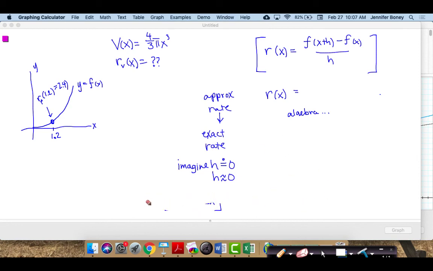Getting rid of the old numbers and keeping the new ones. All right, so if my approximate rate function then, let's see, if we have v of x is this, then I need v of x plus h would be the second part for the numerator. So that would just be 4/3 pi times x plus h cubed.